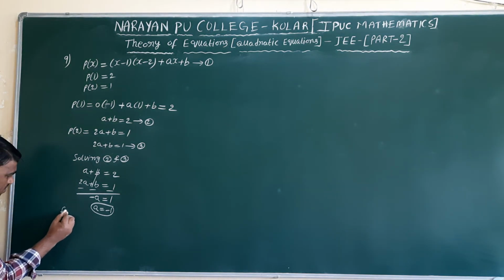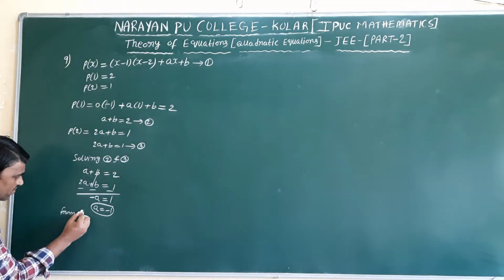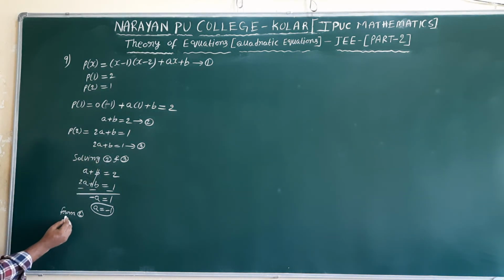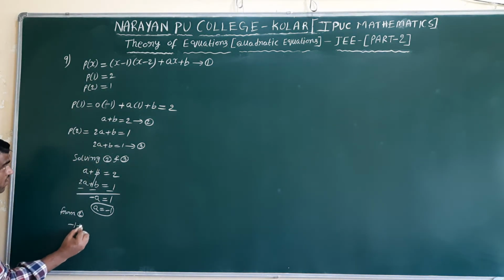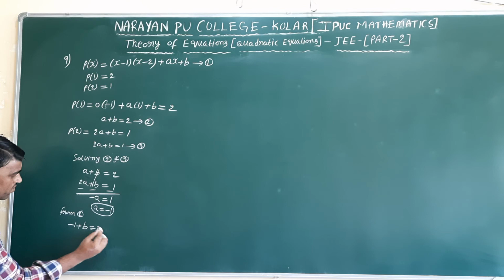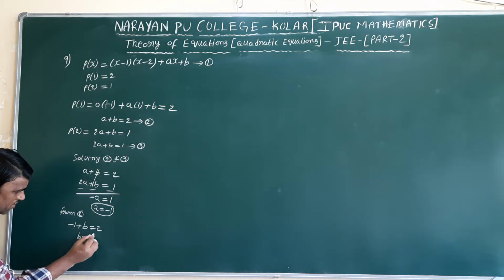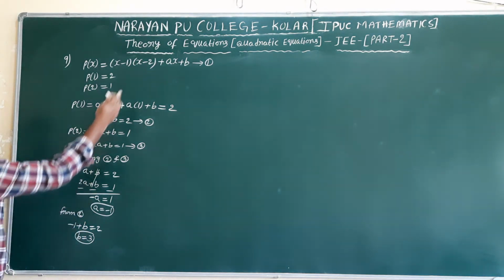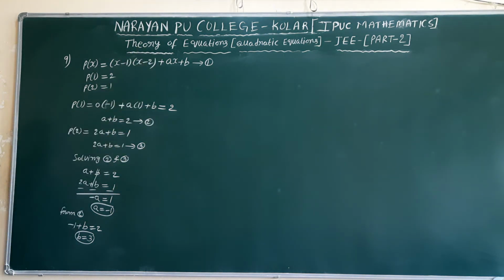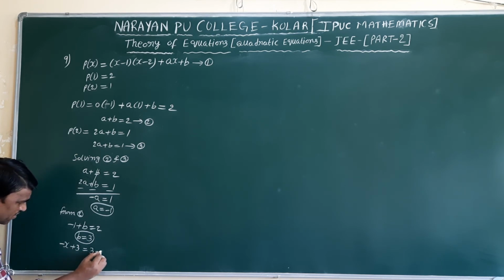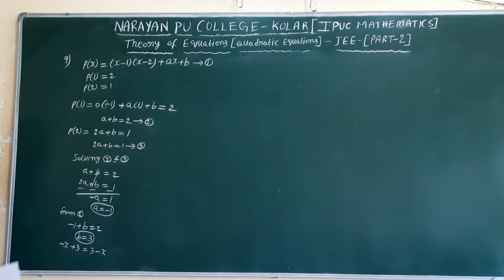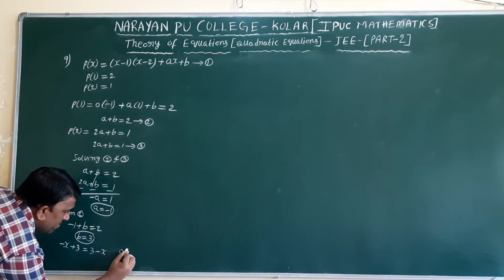From the second equation, minus 1 plus b equal to 2, minus 1 sent to the right side, b equal to 1 plus 2, 3. A and b values we got. Required polynomial factor is ax plus b, that is minus x plus 3, so the remaining factor is 3 minus x, option A will be there.